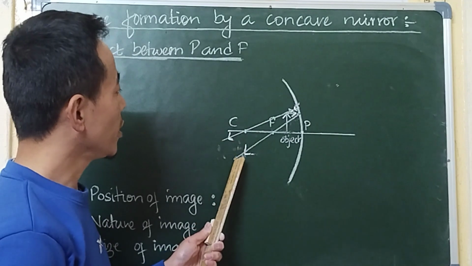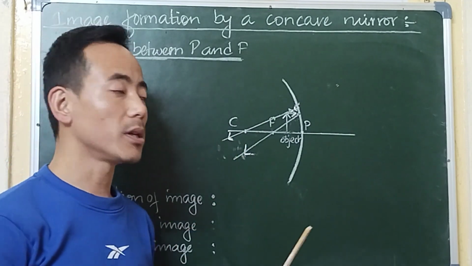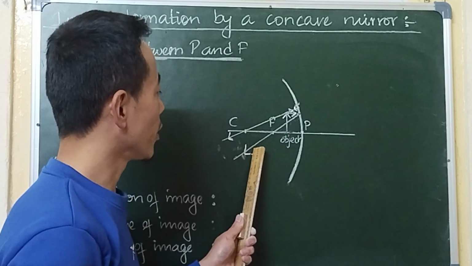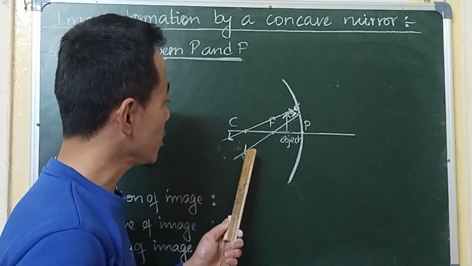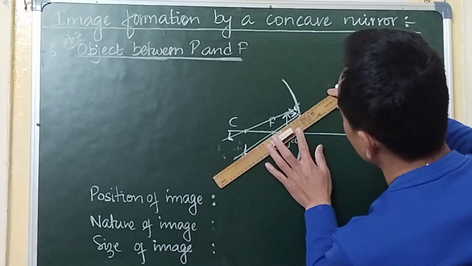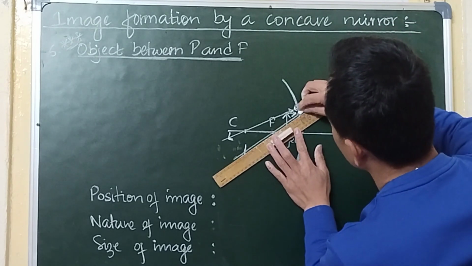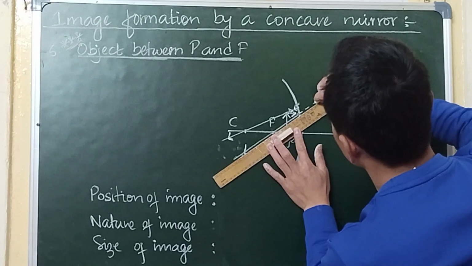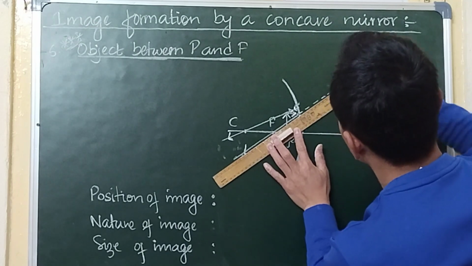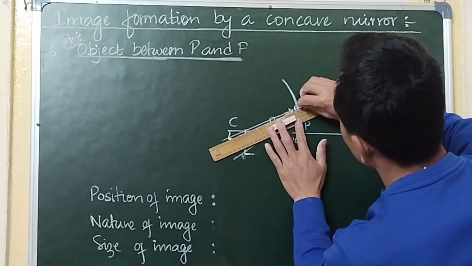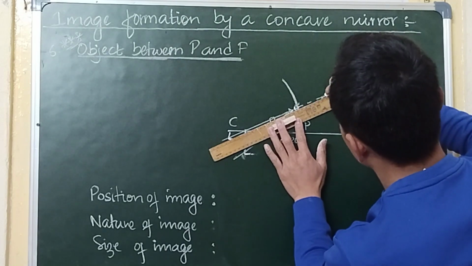So in order to form the image, here we will produce these rays backwards. We will draw these rays in the opposite direction, that is backwards. So let's produce the reflected rays backwards. When we produce this reflected ray backward, the first reflected ray will come in this direction, and the second reflected ray will come in this direction.